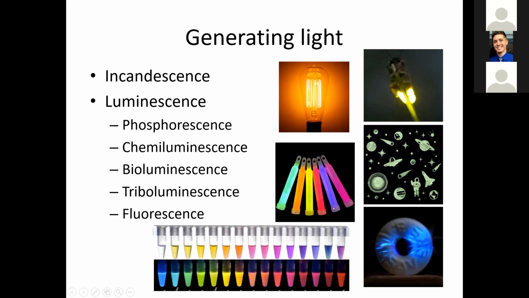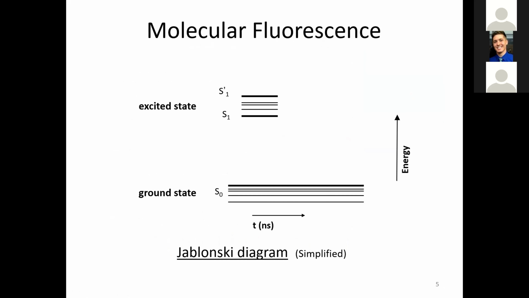Then chemiluminescence, the addition of some sort of chemical reaction to create our light. And then of course, bioluminescence, where we derive our fluorescent proteins from. And we have some fluorescent compounds down here. So generally, when we're talking about microscopy, we are looking at fluorescent proteins derived from bioluminescent organisms and fluorescent probes created in the lab or naturally occurring.